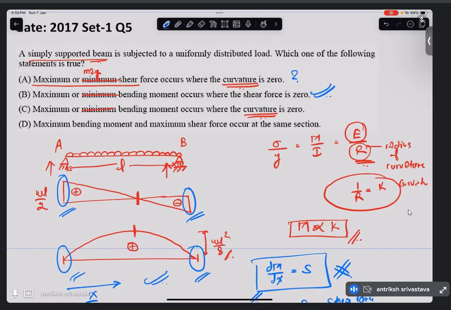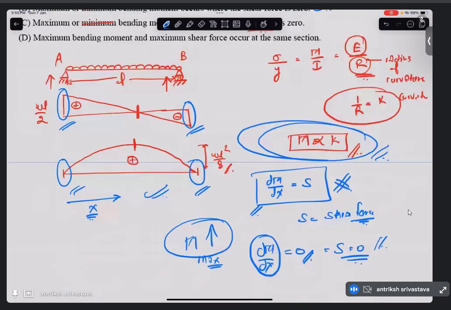Now, what is option C? Maximum bending moment occurs where curvature is zero. That is not the case because they are directly proportional, right? So that cannot be true. Now, maximum bending moment and maximum shear force occur at the same section. That is definitely not true because we just saw that the rate of change of moment is the shear force. So when any continuous function reaches maxima, its derivative becomes zero.